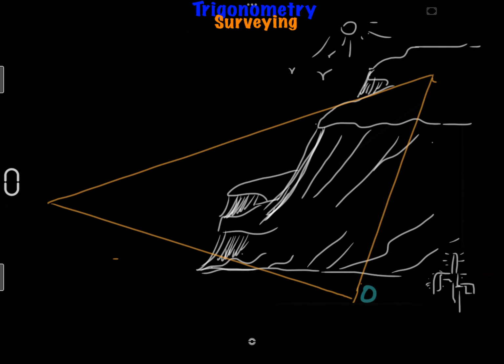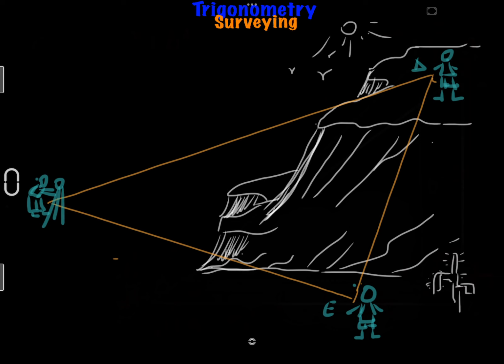So we have an individual at point E, we have another individual at point D, this angle D. And then we have a surveyor who is holding his theodolite and is actually assessing this whole area.